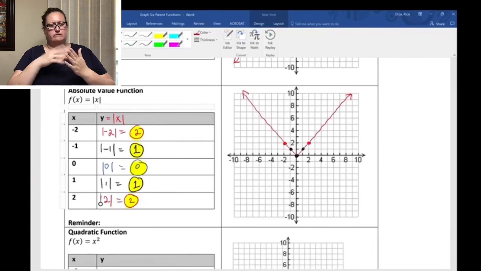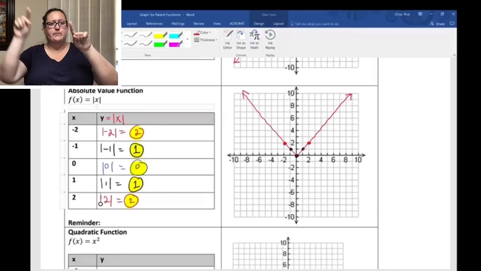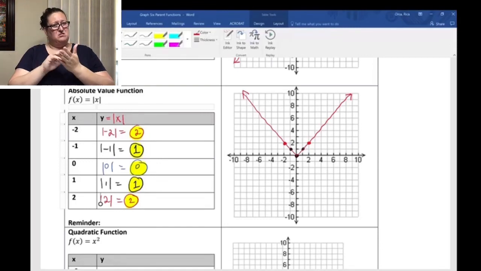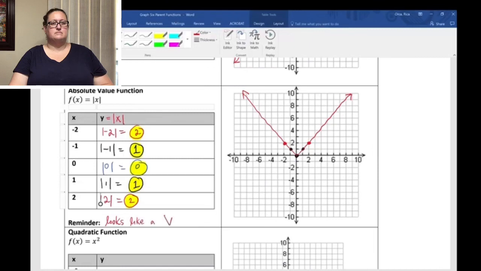So what does the graph look like? Well, the graph resembles a V. Okay, so for our reminder, let's write that the graph looks like a V. Which means that all absolute value functions will look like V's when you graph them.